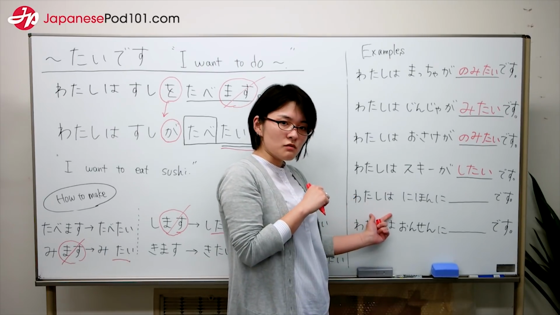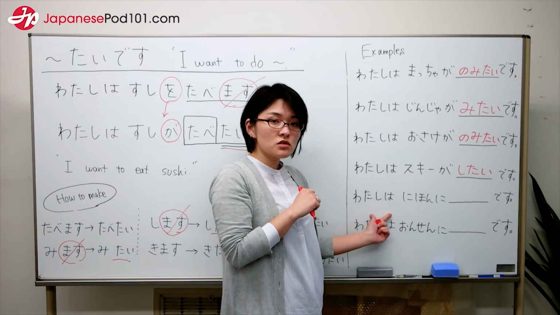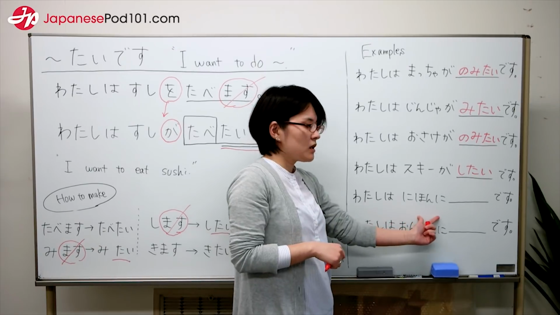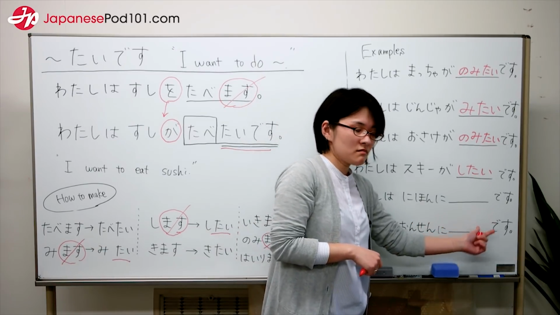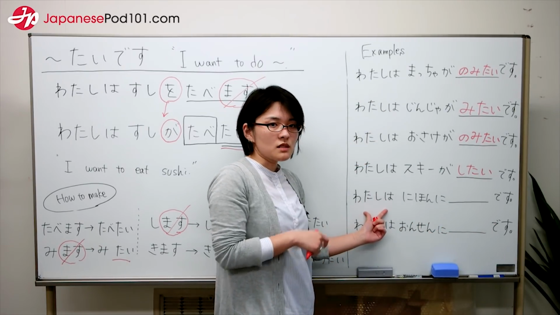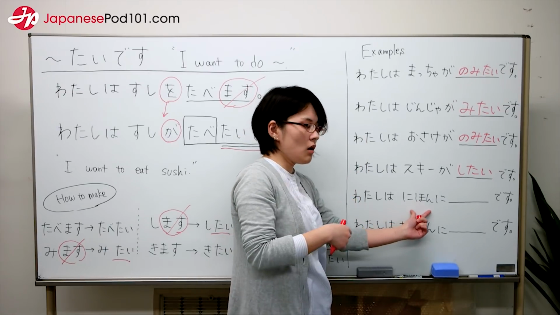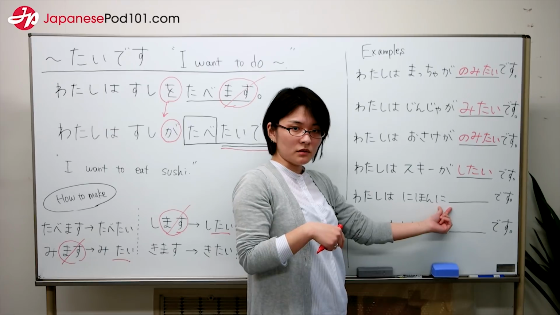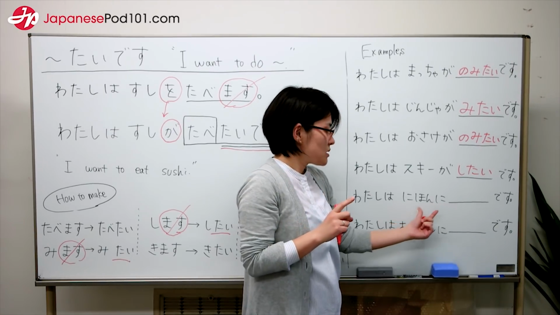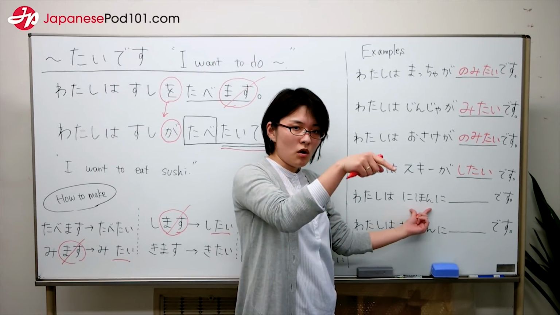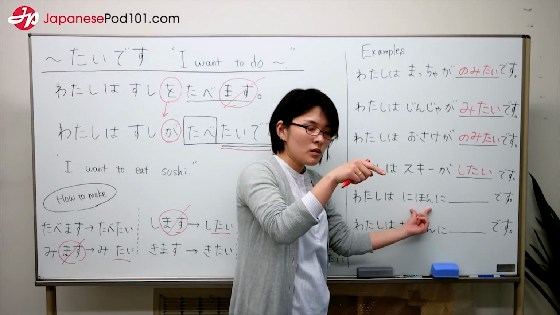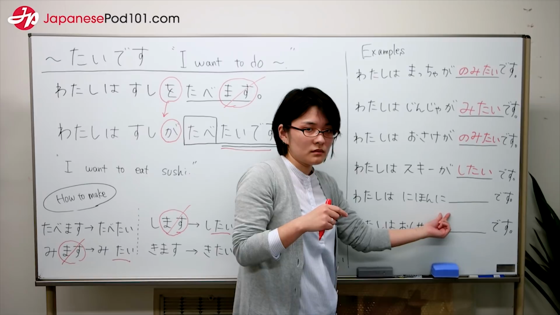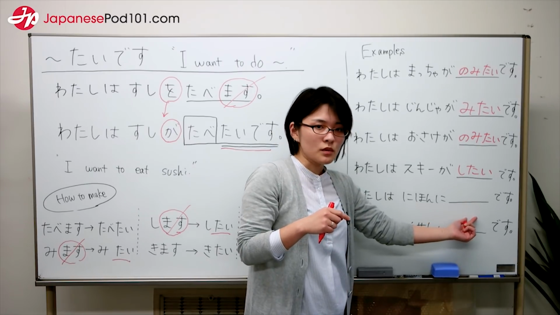The second to last one, I want to go to Japan. That's the basic one, right? 私は日本に something です. So 私は is the same part. 日本 means Japan. And then, a different particle, but that's okay. 日本 is a destination to go to. So when you say to go, you need a different particle, に. This is a direction particle. So the missing part is to go.